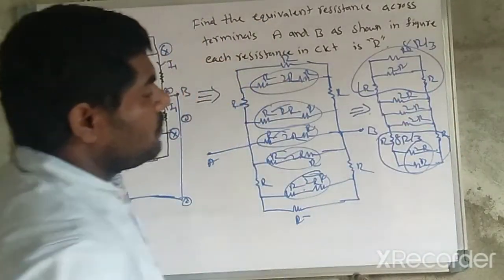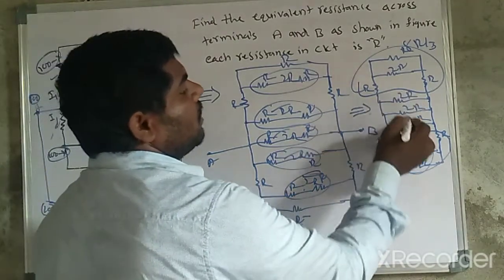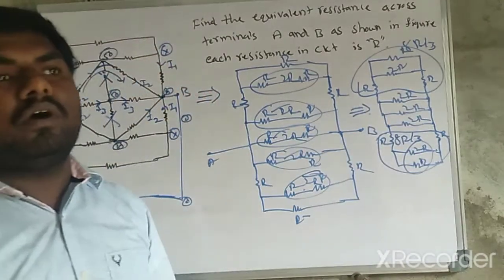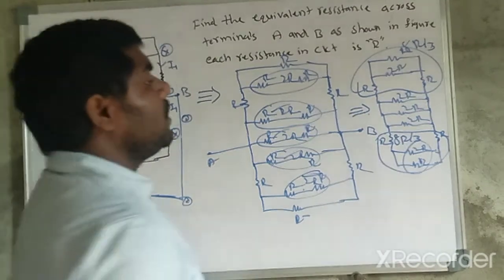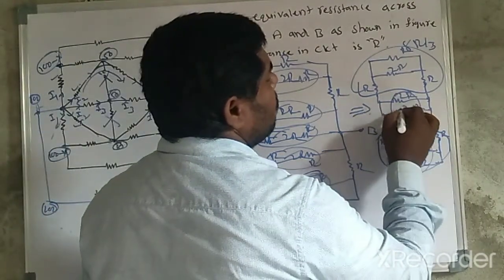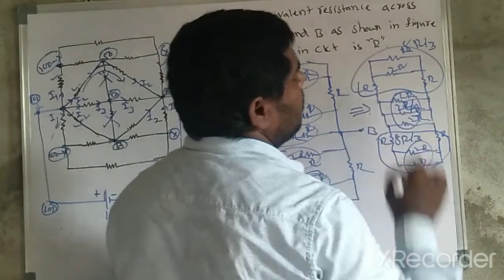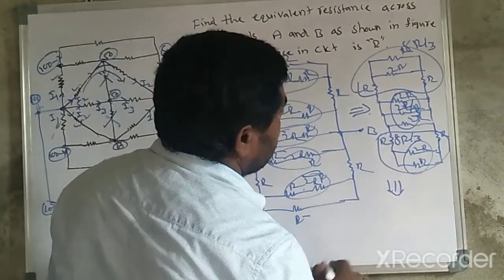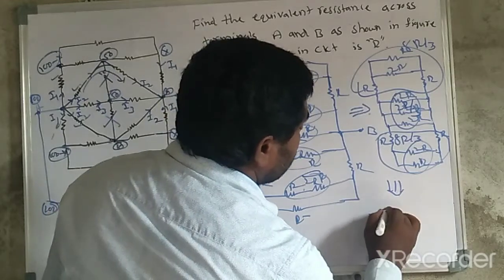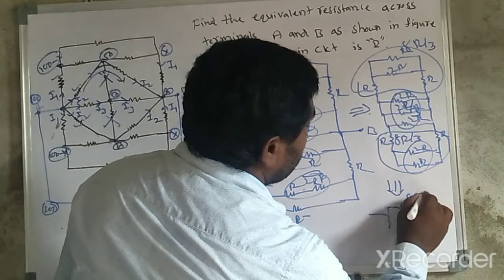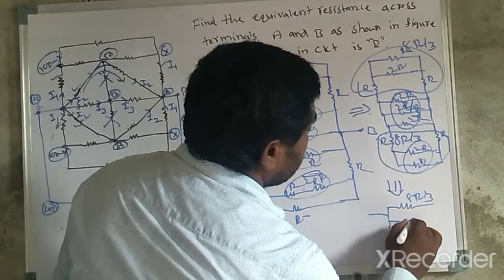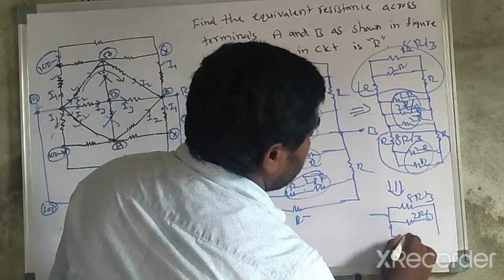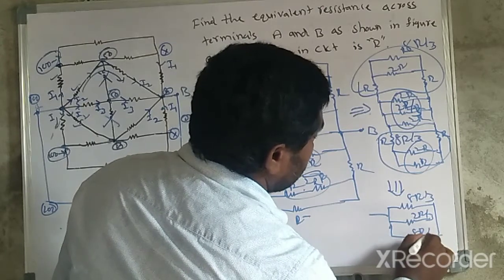Now these 3 are in parallel, 1 by 2R plus 1 by 2R plus 1 by 2R, so the total is 2R by 3. Again you may draw the equivalent circuit. Here the total of 3 resistors is 8R by 3, here the total is 2R by 3, and here the other resistor is 8R by 3.